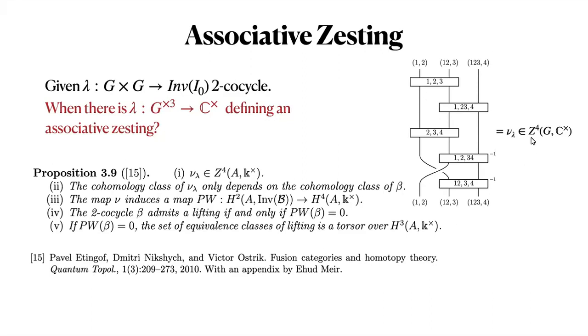So it's exactly the same 4 co-cycle that you obtain using these ideas. So in this case, this formula will define exactly a 4 co-cycle, and the cohomology class of this 4 co-cycle will be the obstruction. In other words, if this cohomology class doesn't vanish, then it's not possible to get any 3 co-chain such that you obtain an associative testing from these 2 co-cycles. And there are known some concrete examples where this happens.